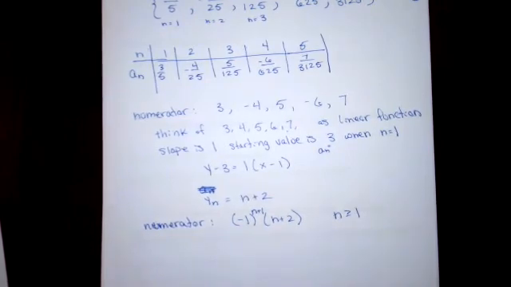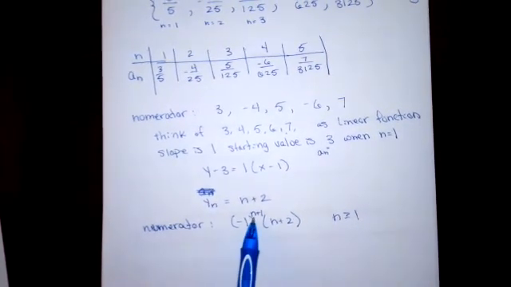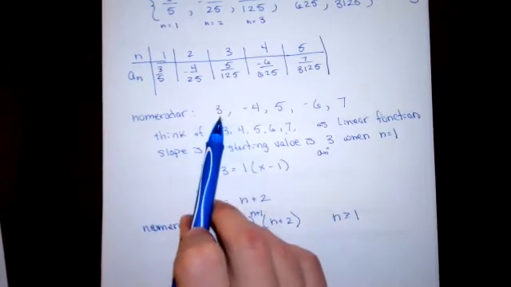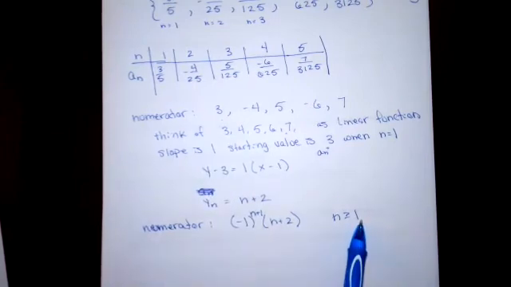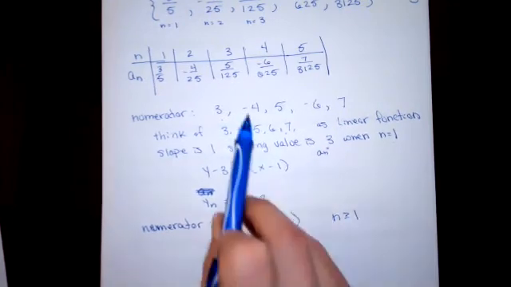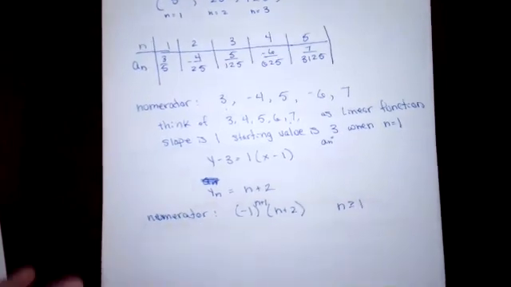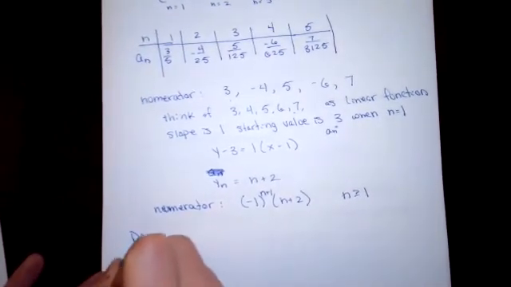This is what we saw in one of the previous examples. So check it again. When n is equal to 1 now, the exponent will give me a 2, so it'll be (-1) squared, and with n equal to 1 we will have that positive 3. When n is equal to 2, we will have (-1) cubed, which will give me that negative, and then 2 plus 2 will give me that 4, so -4. So this is my numerator sequence. Denominator, let's take a look at what's going on.